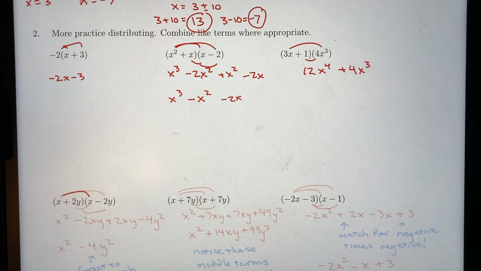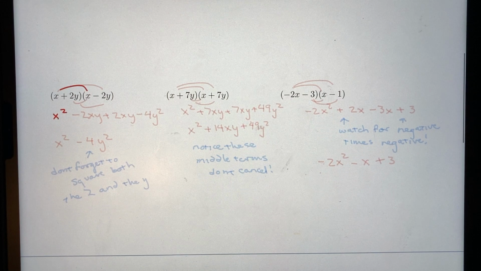What about this one? We saw this in the problem set. If they have opposite signs, but exactly the same otherwise, then the middle terms cancel, and you just have the beginning squared minus the end squared.